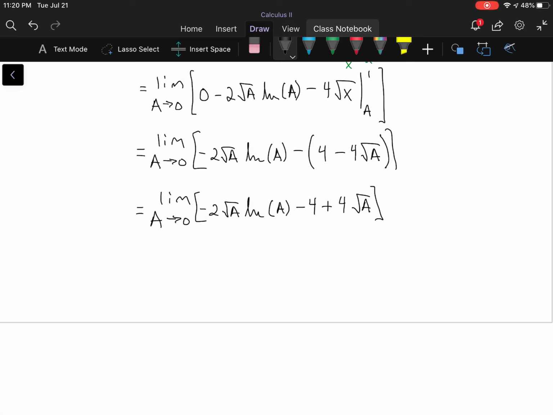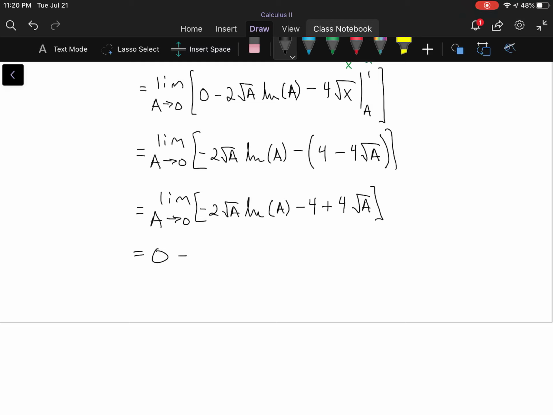First term is possibly the trickiest, but I see we've got the square root of 0 and the natural log of 0. The natural log of 0 doesn't exist, but the limit is going to be negative infinity. And so the root a term is actually going to make this 0.